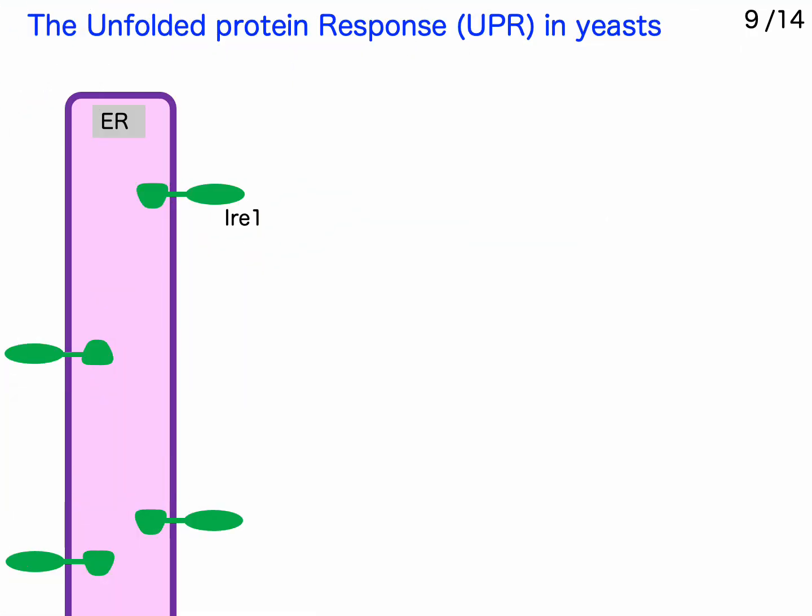We are also engaged in fundamental molecular and cell biological research using Saccharomyces yeasts. In the yeast UPR, IRE1, an ER-located transmembrane protein, acts as a sensor for ER stress. When cells are not stressed, IRE1 is distributed throughout the ER.